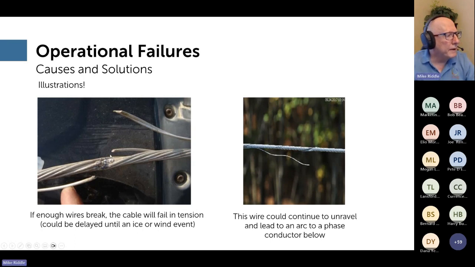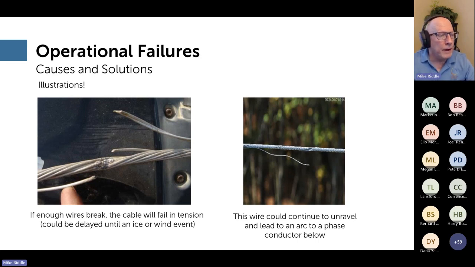Just to illustrate lightning damage here, you see some strands that have been burned through. If enough strands burn through, then the cable can fail in tension. And that might be months later after something has been damaged, or even years later. Enough wires are intact for the cable to survive day to day.